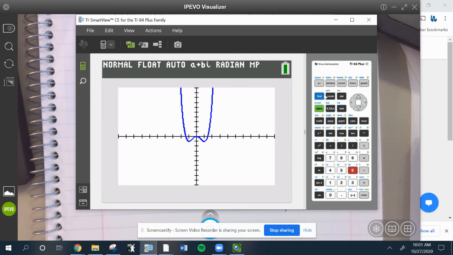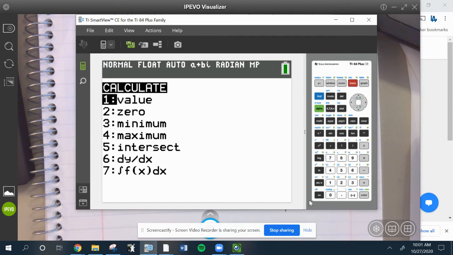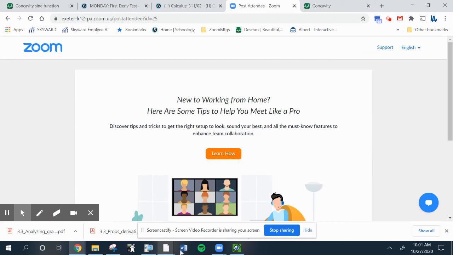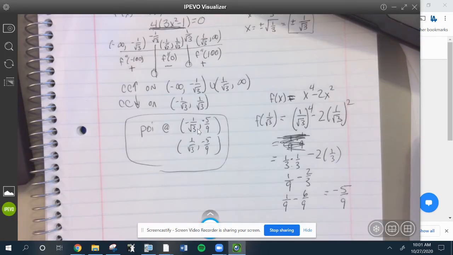But let me hit second calc, value. I'm going to use that first x value of the point of inflection we had, which was negative 1 over root 3. Now, we've calculated that to be, so I'm doing this right here, negative 5 over 9.